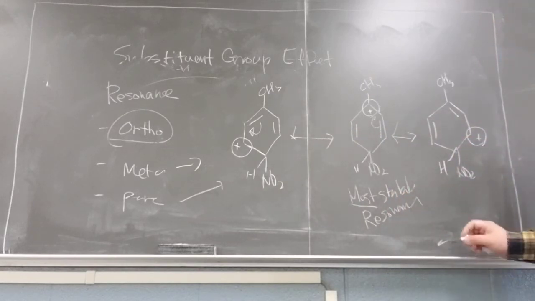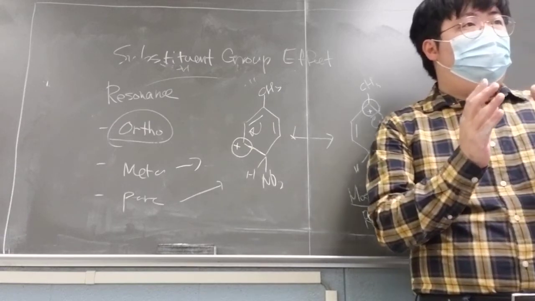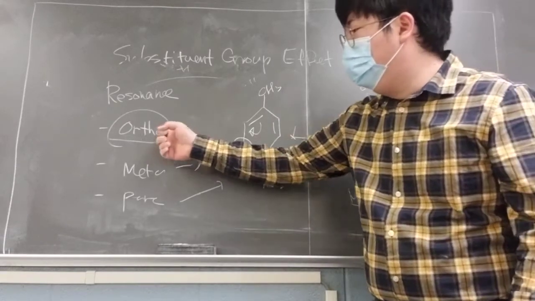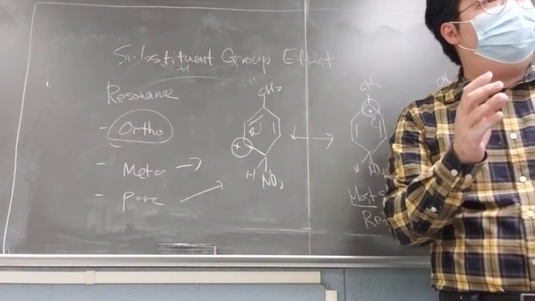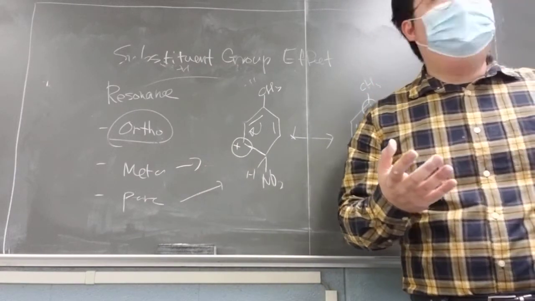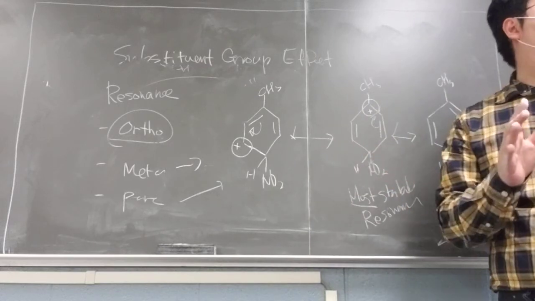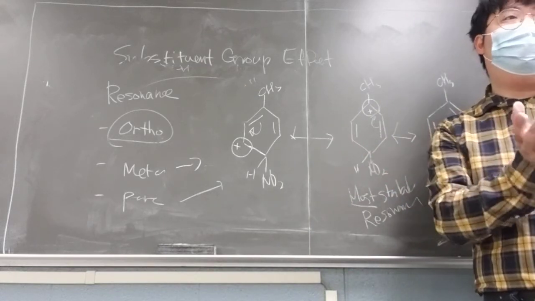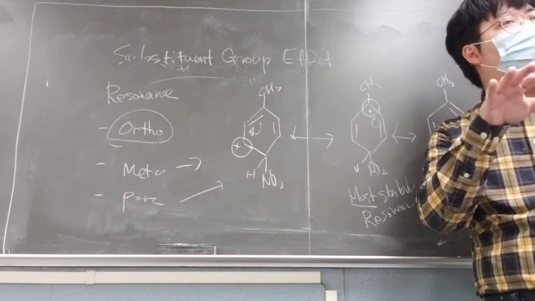Okay? So think about it. Whenever you have a substitution on ortho and para, you have at least one carbocation that is more stable, right? But in a meta position, you only have the carbocation surrounded by 2 carbons, which is only somewhat stable.